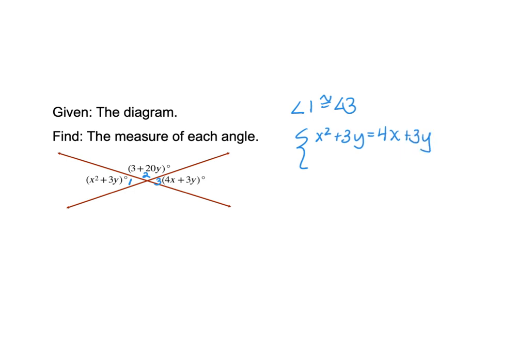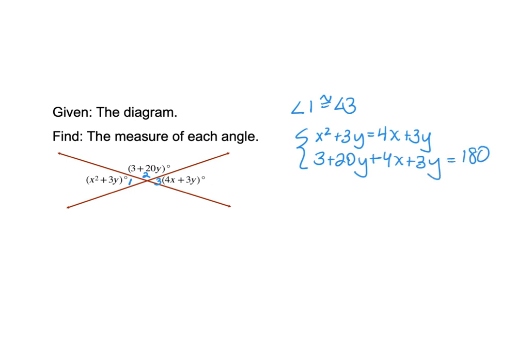And I also have either this plus this is 180 or this plus this is 180. I think I'm going to shy away from something with x squared. Let's use angle 2 and angle 3. So 20y plus 4x plus 3y is equal to 180.